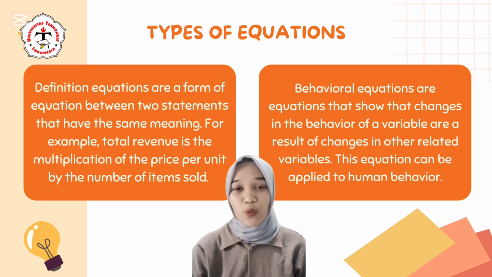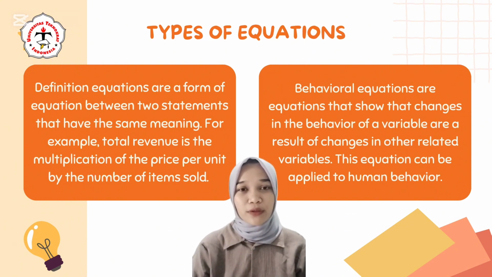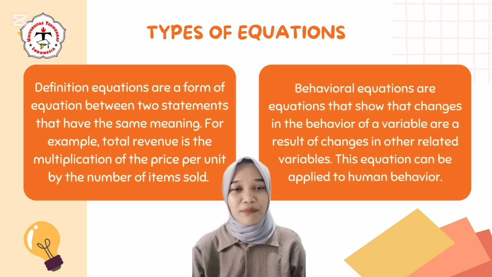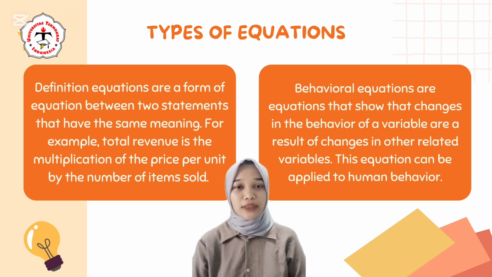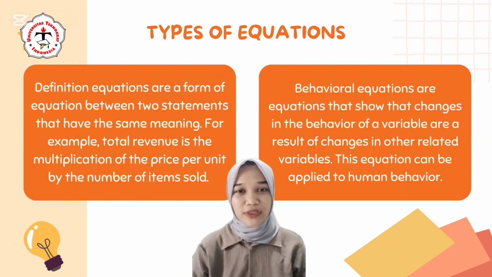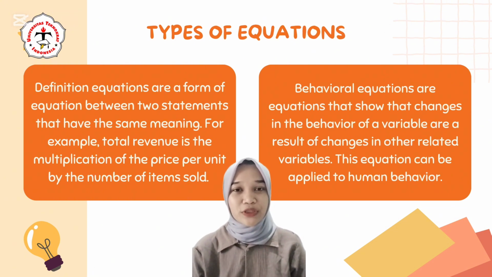Number one, definition equations are a form of equation between two statements that have the same meaning. For example, total revenue is the multiplication of the price per unit by the number of items sold.